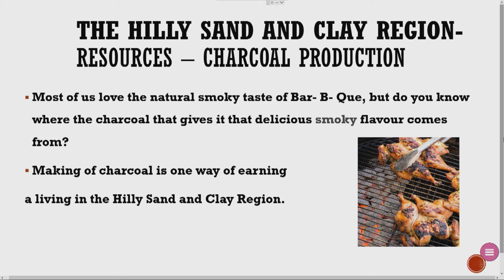Making charcoal is one way of earning a living in the hilly sand and clay region. So next time you have a piece of barbecue, remember that the coals that made it probably came from the hilly sand and clay region.